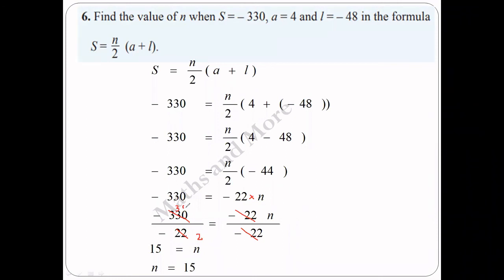Here 0, 11 into 0 is 0. Now 30 divided by 2 is 15. Minus divided by minus is plus. So the answer is 15. n equals 15.